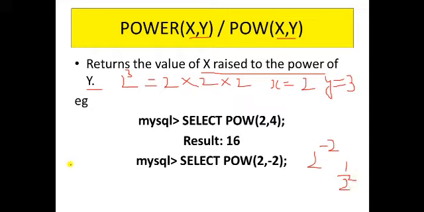So it will be 1 by 2 into 1 by 2, which is equal to 1 by 4. It comes out to be 0.25. So if the power is negative, it will be reciprocated. I hope this much mathematics you all know.